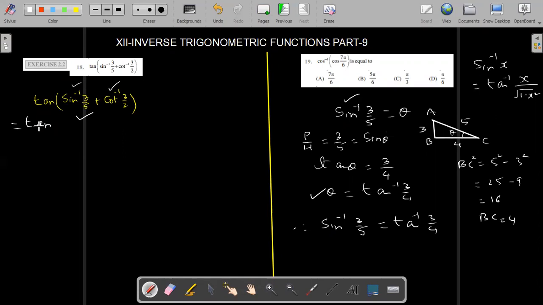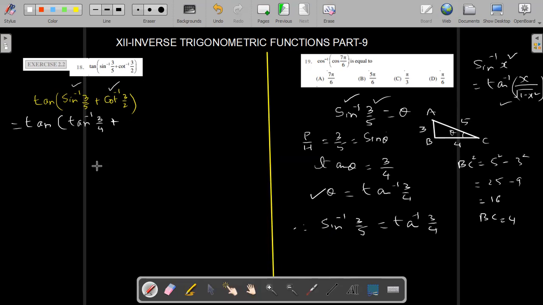Another way, we can use the direct formula also. The second method is we can put x is equal to 3 by 5 here and solve, and you can get the value of tan inverse 3 by 4. The same answer will come.